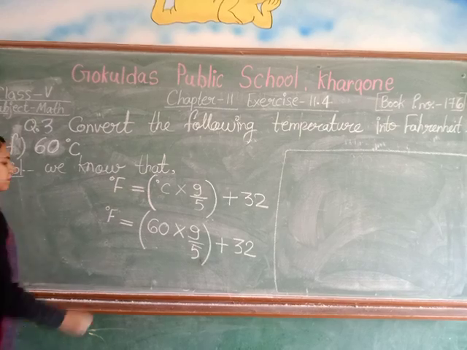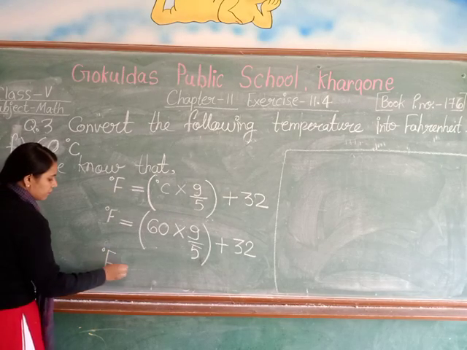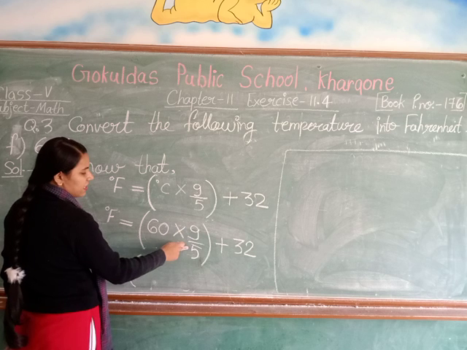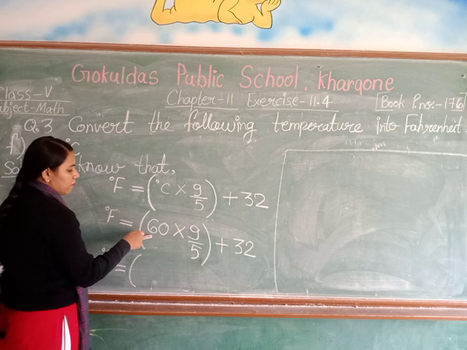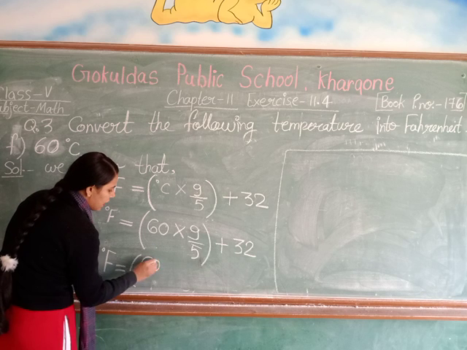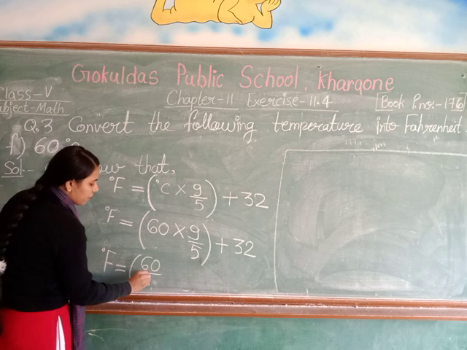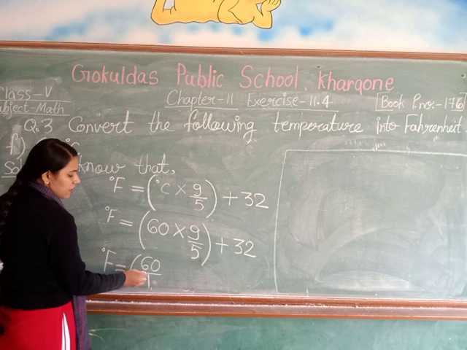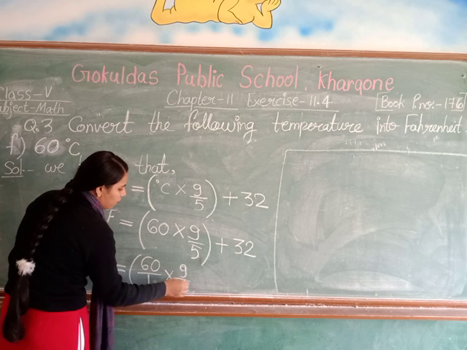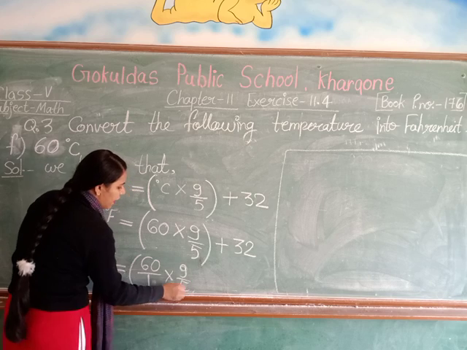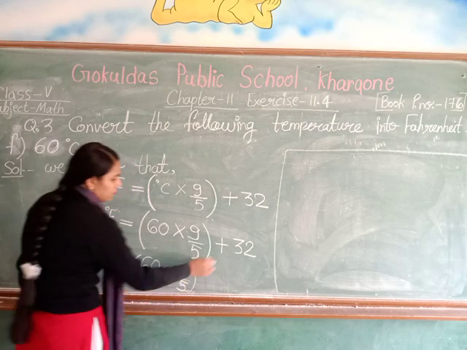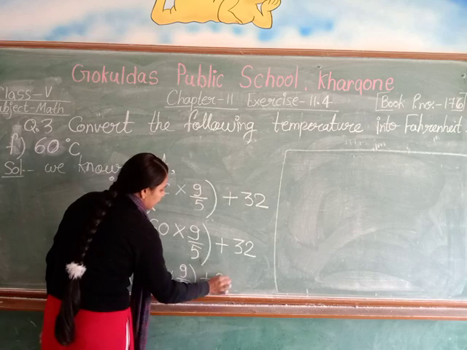Now in the next step, one is a whole number, other is a fraction. Upon 5 bracket close. Plus sign, so write plus 32.